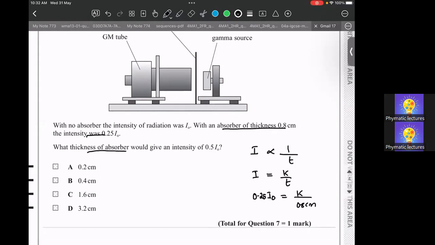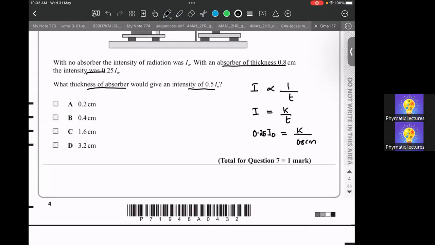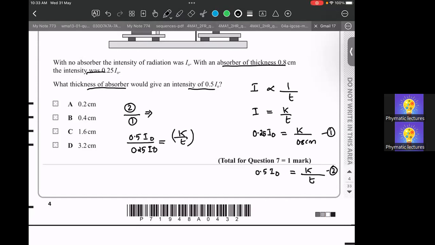Now, the thickness we require when the intensity is 0.5 I0. So 0.5 I0 is equal to K by T. This is equation number 1 and this is equation number 2. Divide equation 2 by equation 1. What happens? 0.5 I0 divided by 0.25 I0 is equal to K over T divided by K by 0.8.